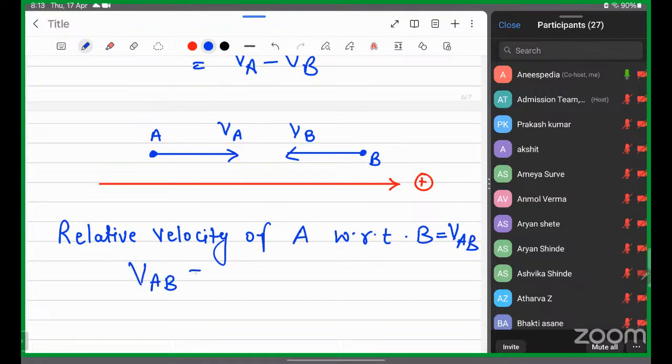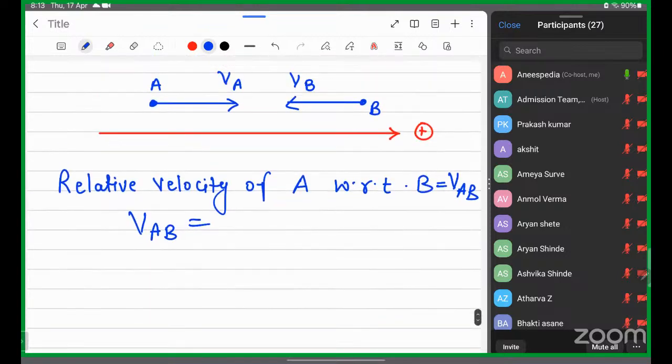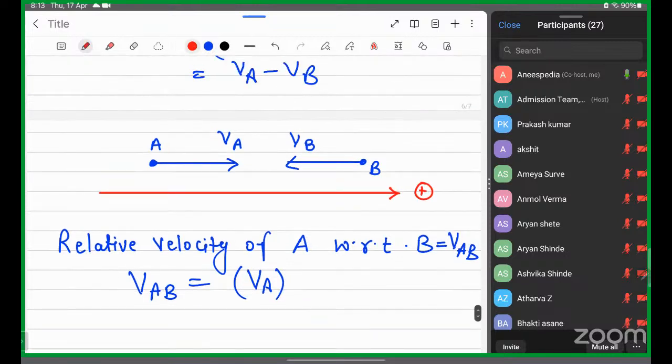VAB can be calculated as follows. We want to find out relative velocity of A, so VA will be as it is. There will be no change in VA, no change in convention, no change in magnitude. Nothing will be changed for object A. Now I want to find it with respect to B, so I will reverse the direction of velocity of object B and give it to object A. Right now velocity of object B is in negative direction, because if this is positive direction, then this direction will obviously be negative.